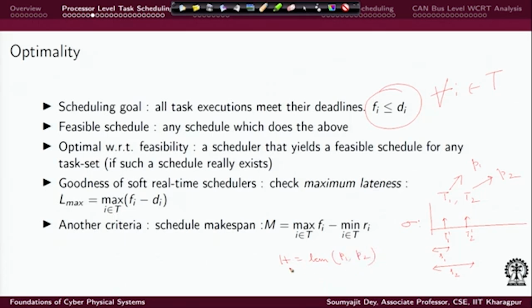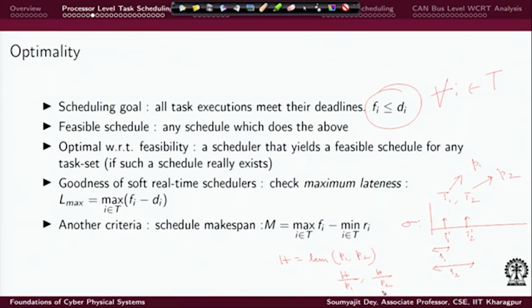Now, inside this timeline of size H, you have H by P1 instances of the task T1 and H by P2 instances of the task T2.